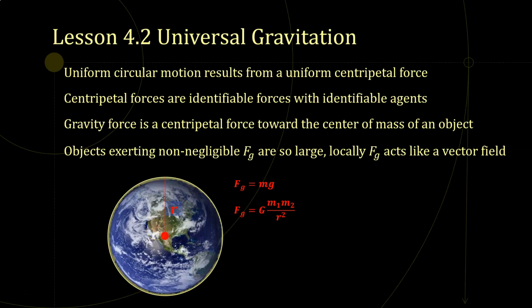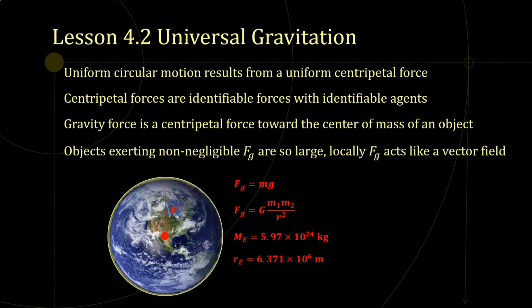We're going to use these two equations together to figure out what the value of the gravitational field strength is at the Earth's surface and at various heights above the Earth's surface. And to do that, we're going to need to know some more values to plug into this equation. Like we need to know the mass of the Earth. Well, it's been measured over many different trials. The mass of the Earth is about 5.97 times 10 to the 24th kilograms.